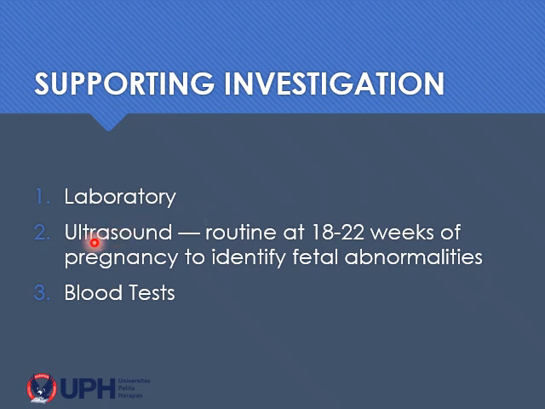We also do ultrasound. The routine ultrasound will happen during the 18th to 22nd weeks of the pregnancy to identify fetal abnormalities. We sometimes also do blood tests to check for HIV or hepatitis, whether it is possible for the baby to contain viruses from the mother.